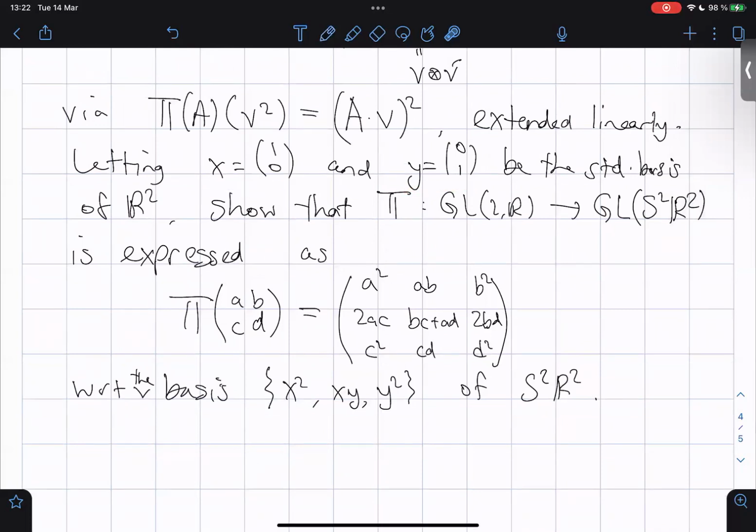I can't remember how Erland defined it, but I would define it like that. It's a symmetric tensor product. Yes, great. Thank you. Any other questions?